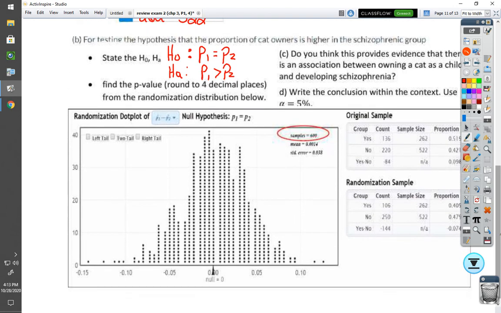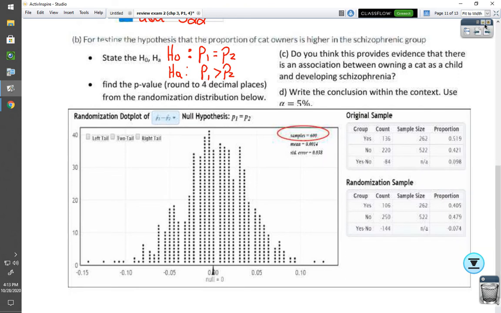Find the p-value rounded to 4 decimal places. Okay, well, look at the graph that's given to us, and we can see right here that we have a 0.098 value. That's the p-value of things which are greater than. Take that proportional value and test it against our value. So we're going to look at the sample size of 600 people.